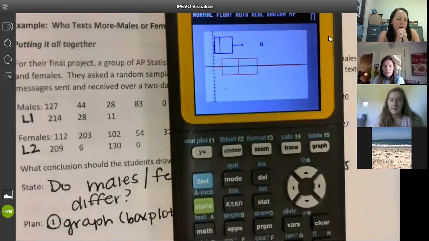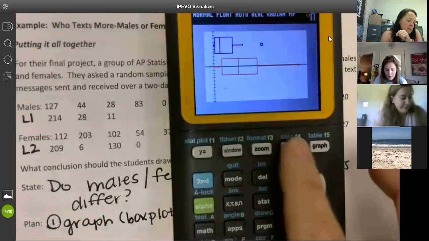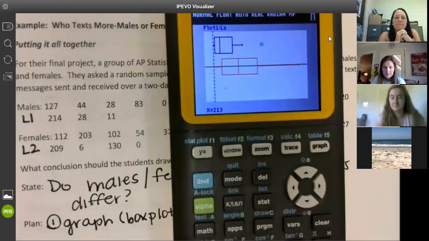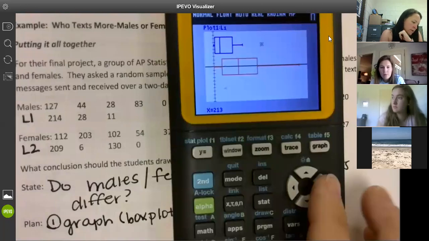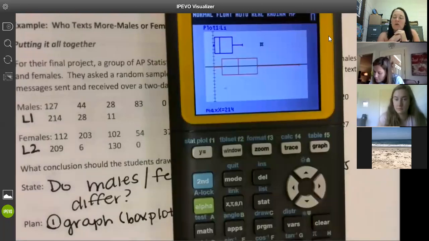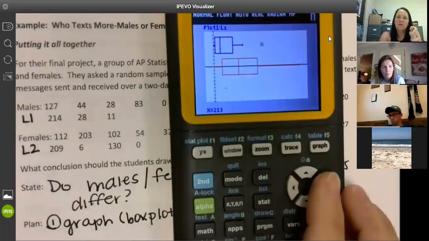Yeah, if you do trace. Hit trace. And where's our outlier at? 213. Yeah, so this male, did I screw that up? Male should have a 214 on there as well. Look at that. You can't see it. If you go over one more, it actually has 2 outliers. You guys see that? Everybody good? So 213 and 214.